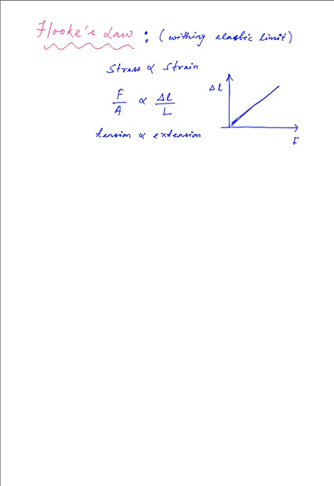Now, we have already heard this phrase that it has to be within the elastic limit. Now, what if it is not within that elastic limit? Then what do we get?